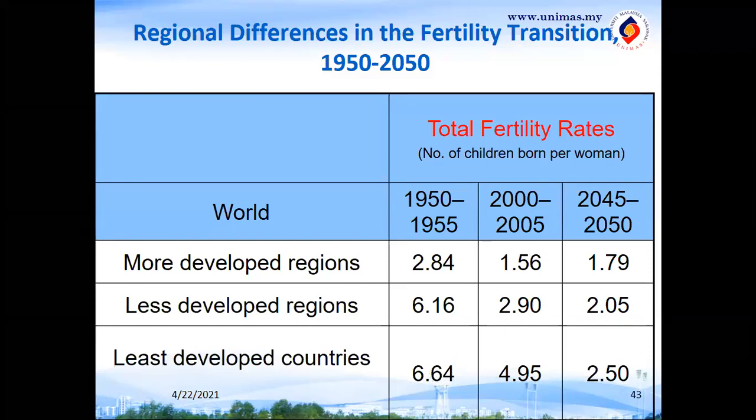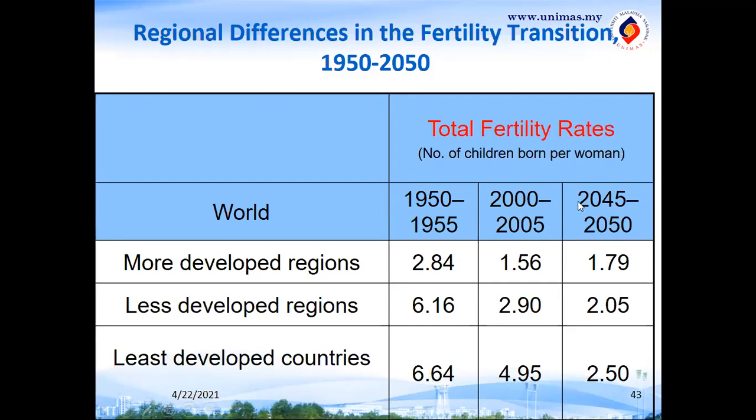Then by the year 2000 and 2005, the more developed regions have already gone below 2.0. The average was 1.5 children per woman in 2000. But there is a sudden increase, expected, sorry, this is projected. I think things would change. Maybe some socio-cultural factors, maybe some economic factors play a role.